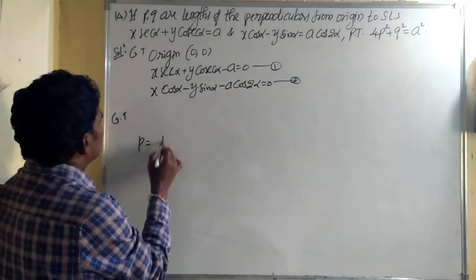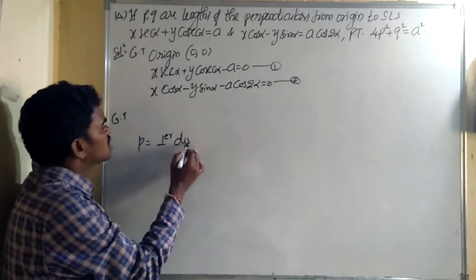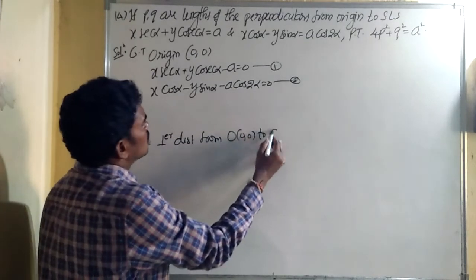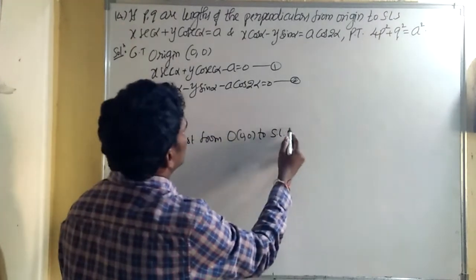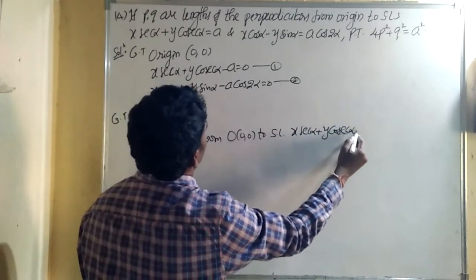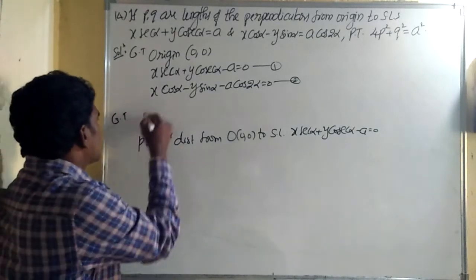Moreover, given that small p is the perpendicular distance. In short form we can write like this: perpendicular distance from origin 0, 0 to the straight line x sec alpha plus y cosec alpha minus a equal to 0. What is the perpendicular distance formula? Here I am writing.